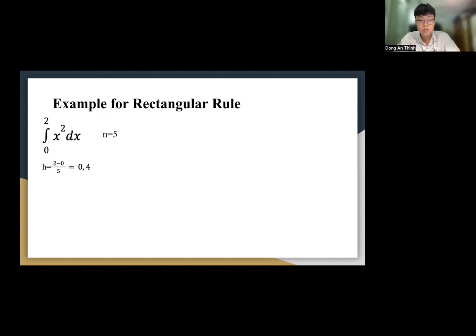We got 0.4. Next, we have to find x1. x1 will be a plus h divided by 2. So we have 0.2. From the second x, we just have to take the previous one and plus h.